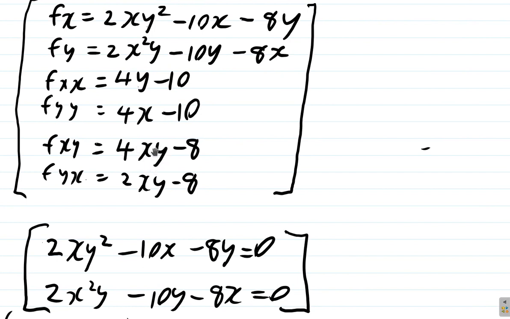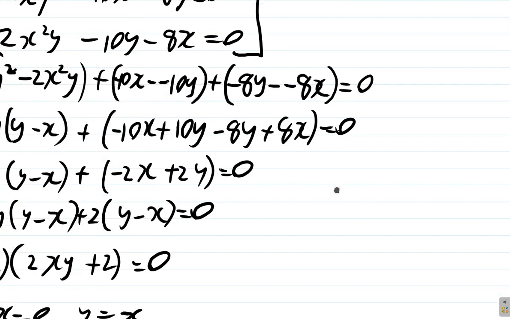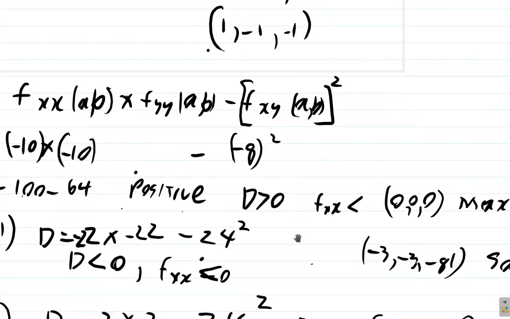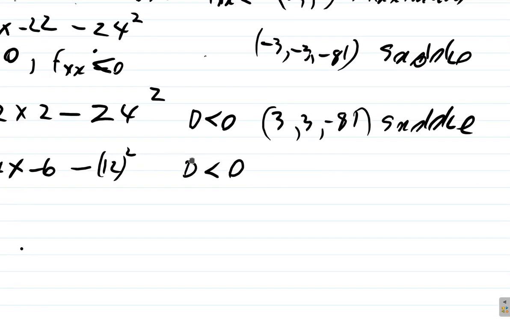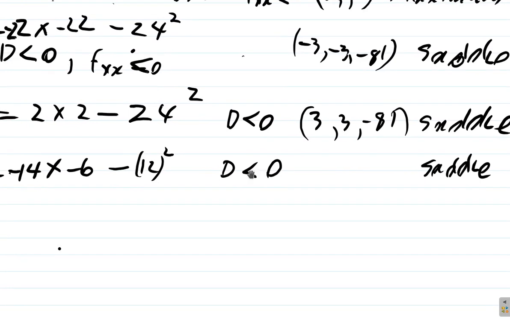When you multiply them, you get negative 1. 4 times negative 1 is negative 4. Negative 4 minus 8 is negative 12. So we're going to have negative 12 squared here. You don't have to work it out. You see that D is obviously a negative, so it's less than 0. So this is also a saddle point.